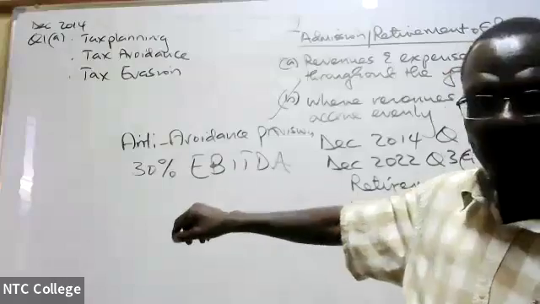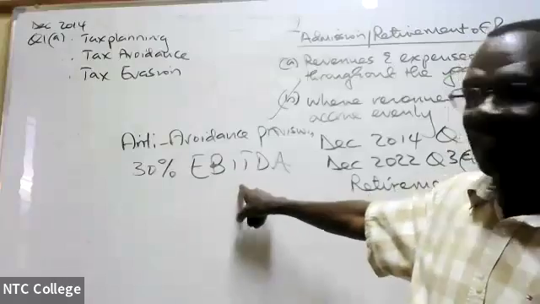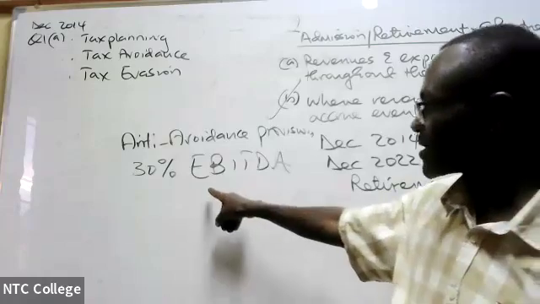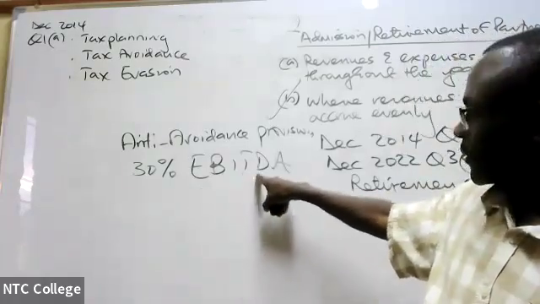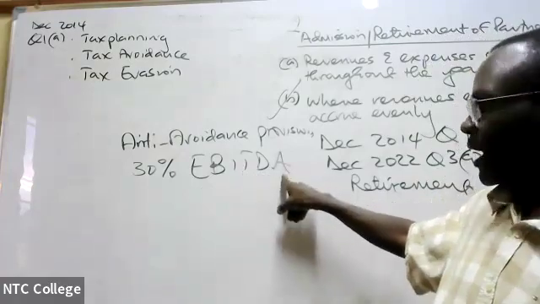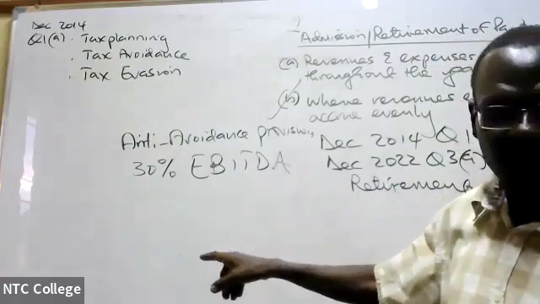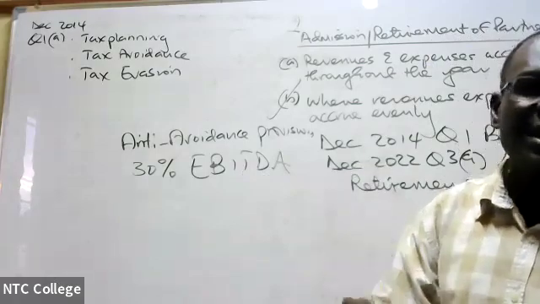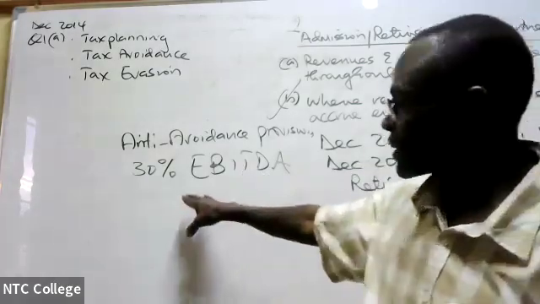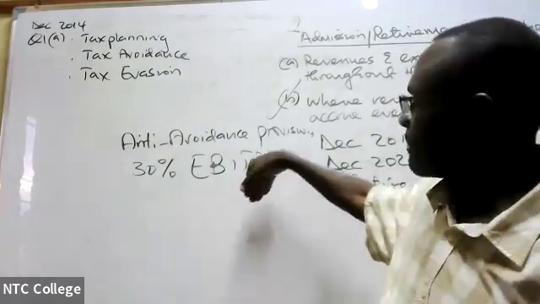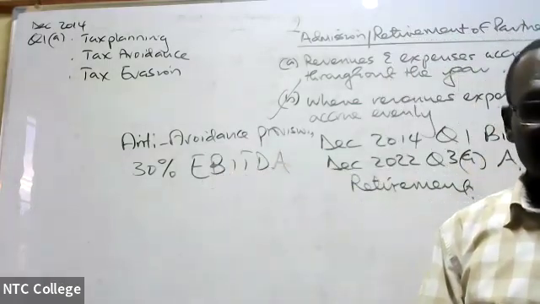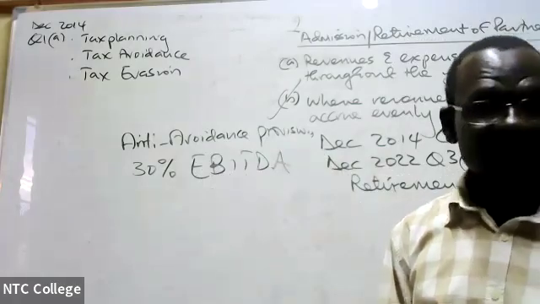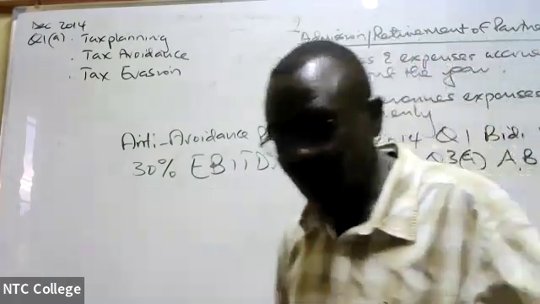It can invoke this provision, 30% of EBITDA. EBITDA means earnings before interest, tax, depreciation, or amortizations. Earnings before anything. The maximum interest you can ever get is 30%. Any interest above this 30% is treated as excessive. It will not be allowed. That's an example of avoidance.